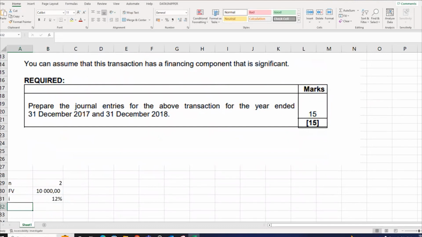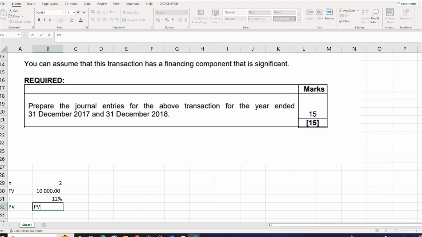And then we need to work out our present value. How much would the customer have paid had this been a cash transaction? How much is that 10,000 Rand worth today?